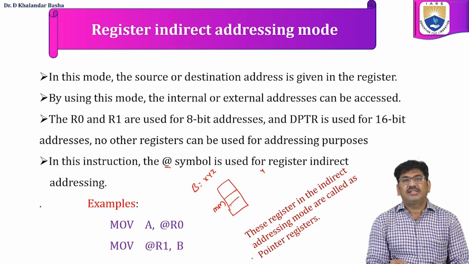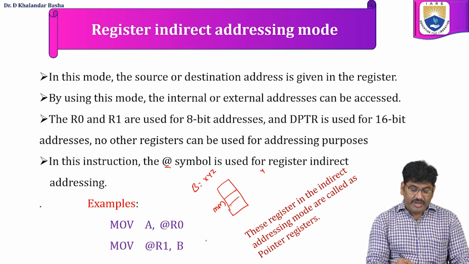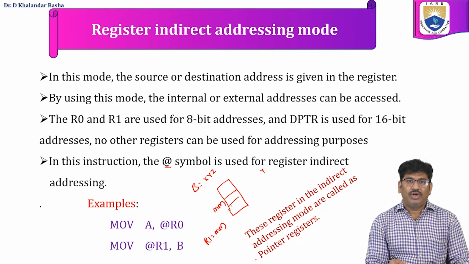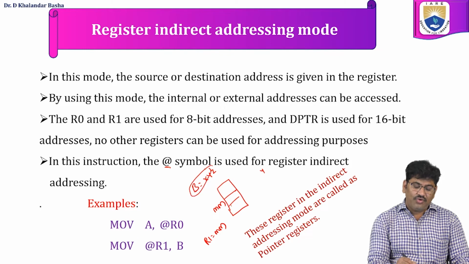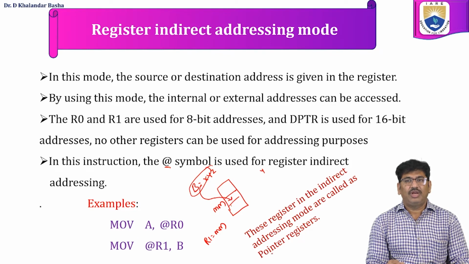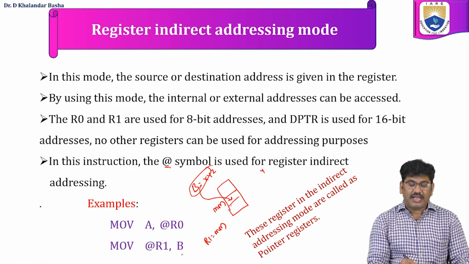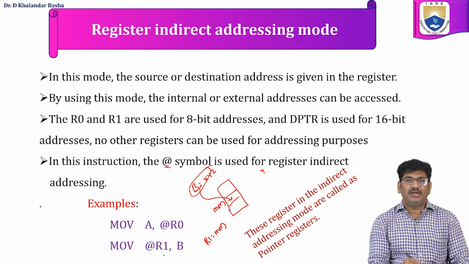Assume the R1 register holds the address of the memory location, that is the target location. The contents of the B register will be copied into this memory location. So this instruction signifies that the contents of the B register will be copied to the memory location whose address is specified in the R1 register.